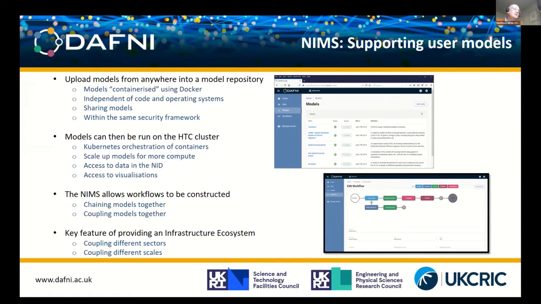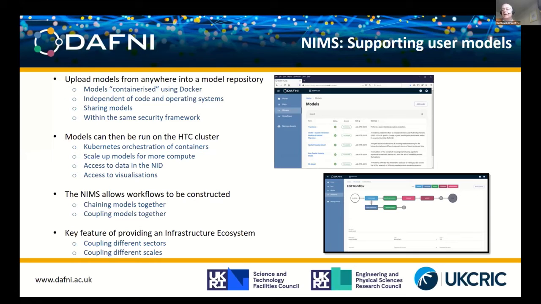This gives us a way of packaging people's code up into containers, which gives us a lot of independence from the underlying programming languages, libraries, and operating systems, and it allows models that are written independently to be brought together and executed on our platform without worrying about a lot of the niggly compatibility issues that always bedevil these kinds of shared systems.